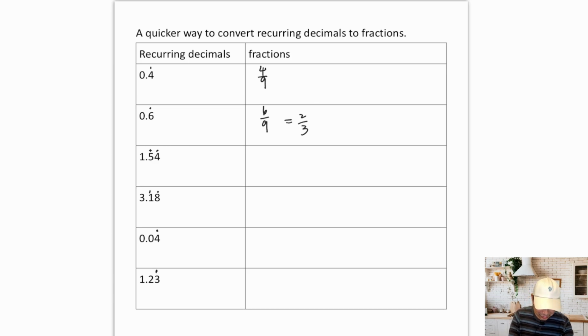So 1.54 with two dots is equal to 1 and 54 over 99. This one is equal to 3 and 18 over 99. And then you simplify the fractions by dividing by 9. The next one is divided by 9 also.